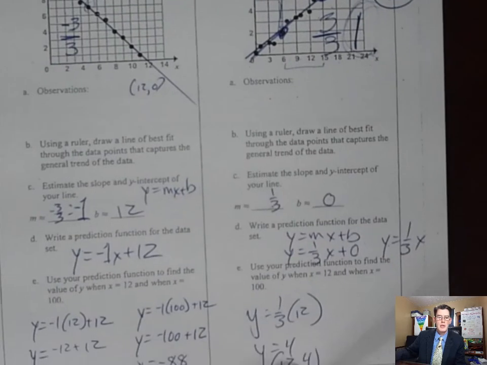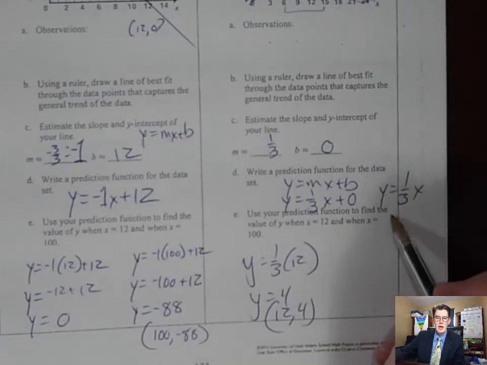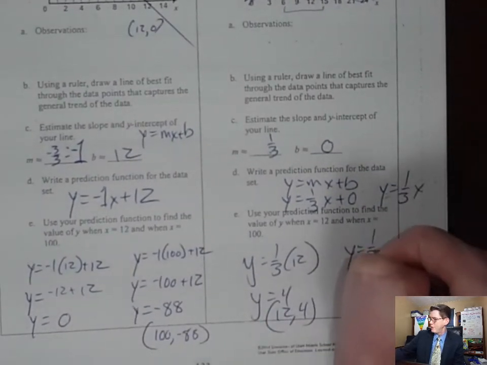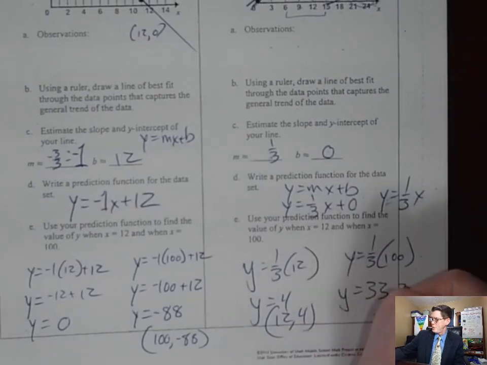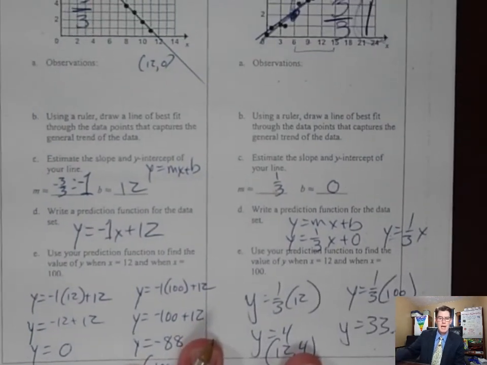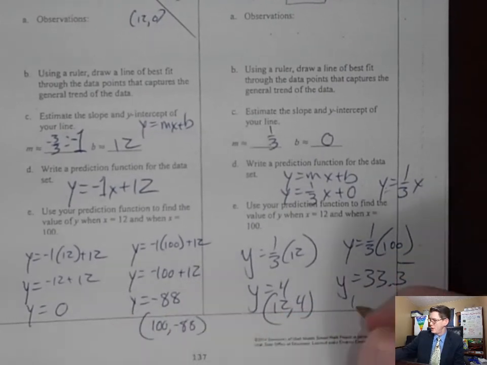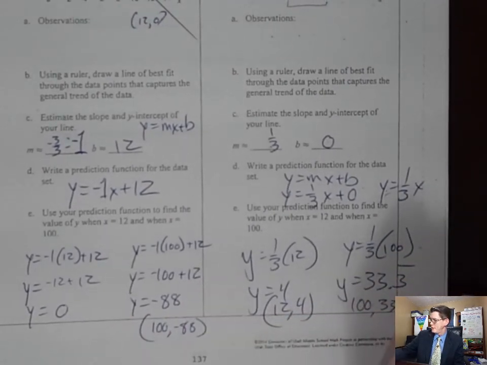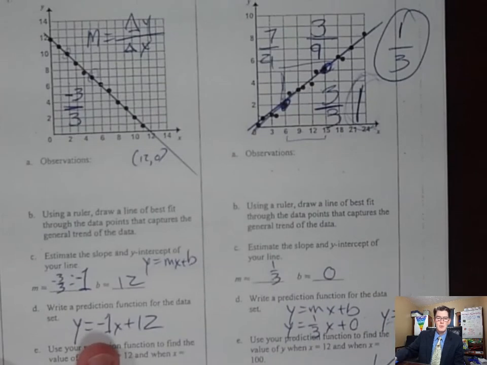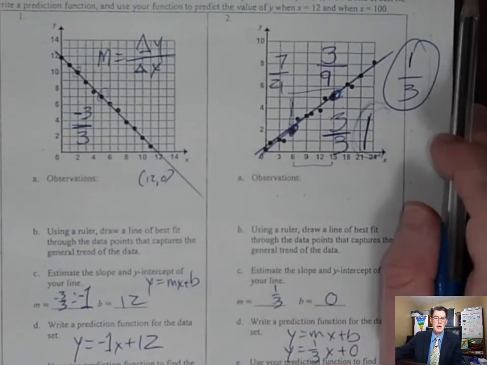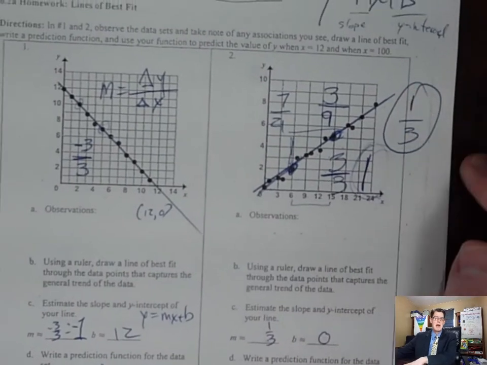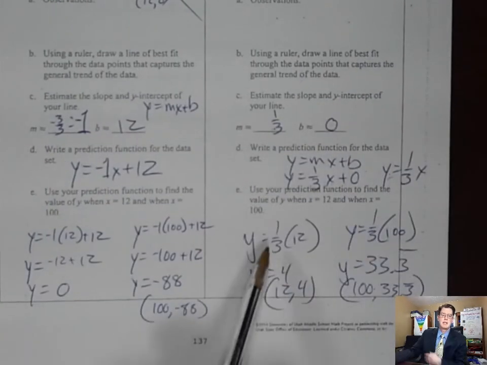Yep, that's one of the points. And then if x is 100, y is 1/3 of 100, which means that y is 33.3 repeating. And if I go to the point 100, 33.3 on this one, 100 is going to be, 50, 100, is that going to be up at about 23? Yes, if I map that out, that does make sense.